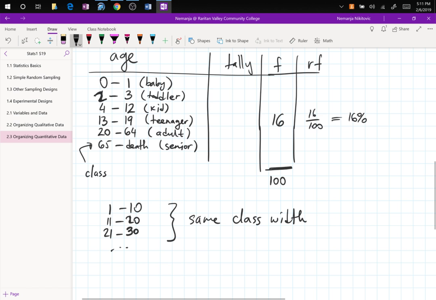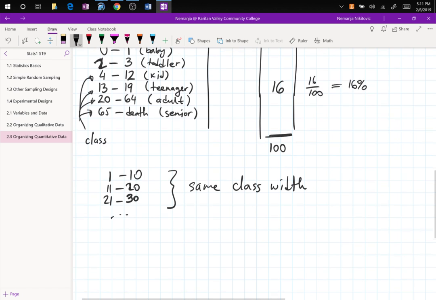And as I said, each one of these is called separately a class. So you have a class of teenagers, class of adults, class of seniors. And then for each individual class, you would have the lower limit and the upper class limit.